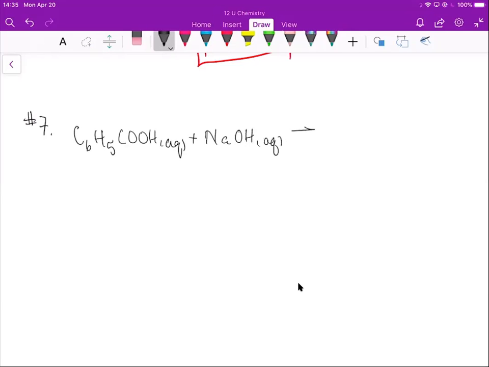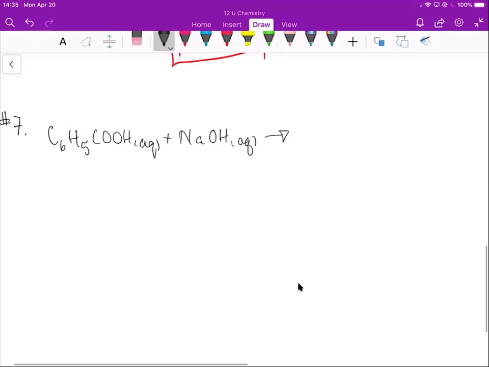Okay, so this is going to be 100% this way, because we have a strong base reacting with a weak acid. So think about it. A weak acid is going to produce a solution that is weakly basic, so we're going to have something above a pH of 7.